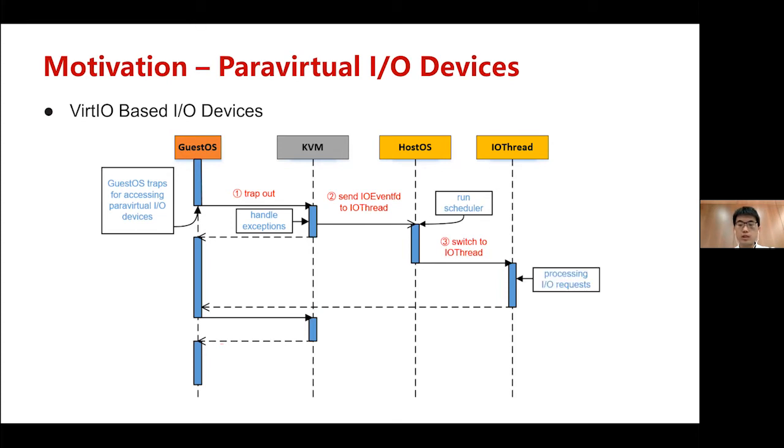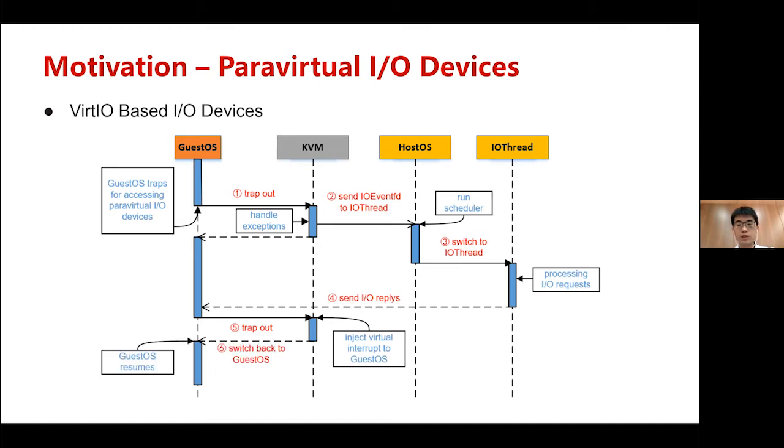After the processing, the I/O thread sends an interrupt back to the guest to notify the completion of I/O requests. The guest traps out again to get the interrupt injected. Of course, this can be optimized by the exit-less interrupt mechanism, but when the guest sends an I/O request, the overheads caused by guest trapping cannot be avoided.